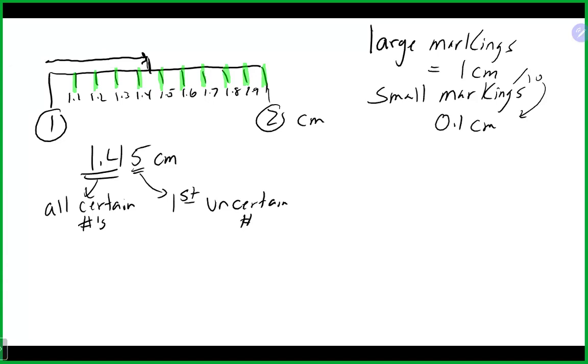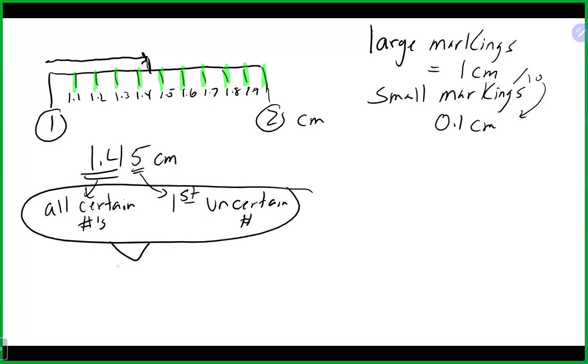Now, the reason when we take a measurement that you want to record all the certain numbers plus the first uncertain number is that when you record all these together, that is pretty much what significant figures are. Which would mean this particular measurement would have how many significant figures?